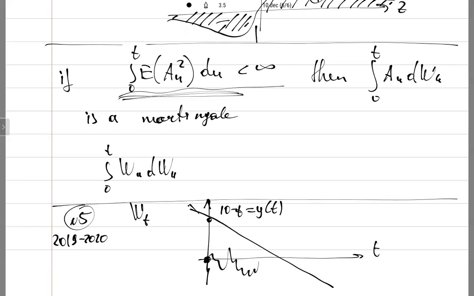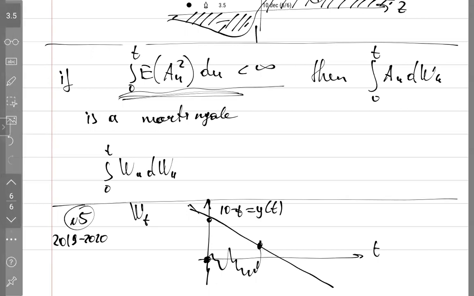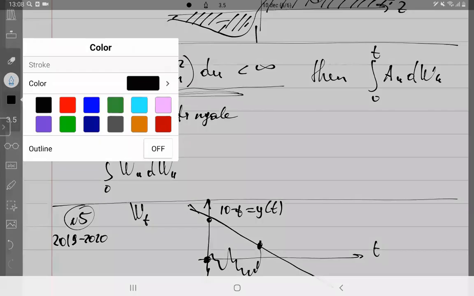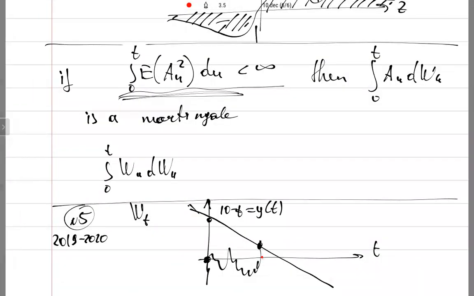There is a first moment when we will touch this line. Let's call this moment tau. And the main question of the exercise is to find the expected value of tau and the variance of tau.